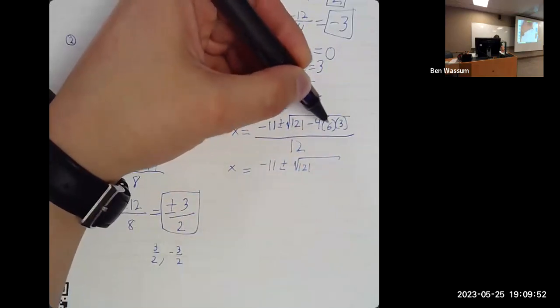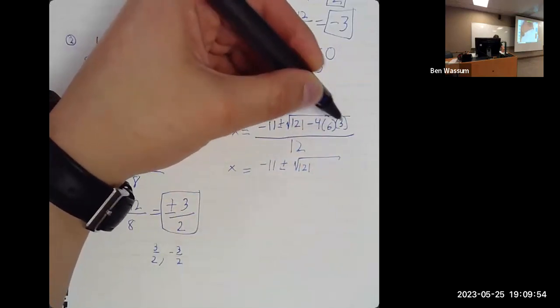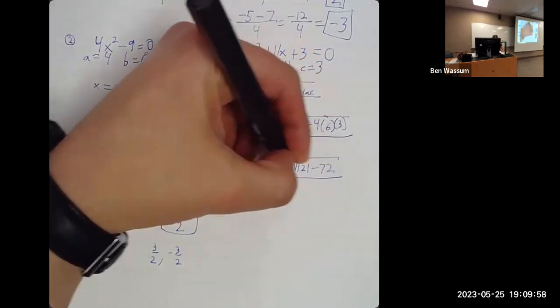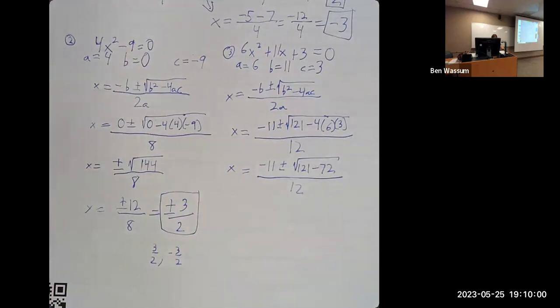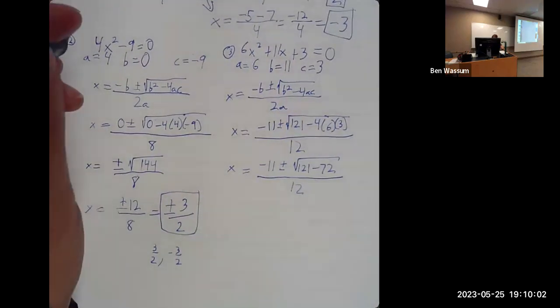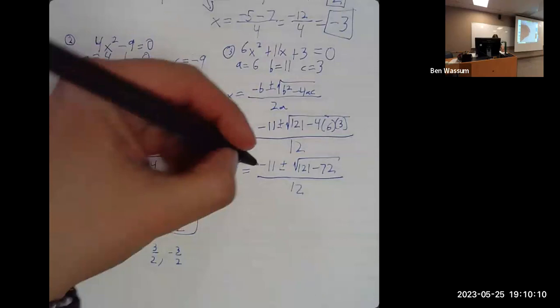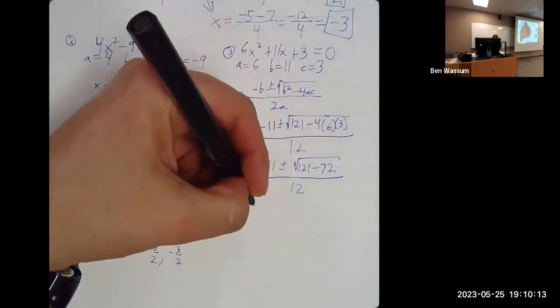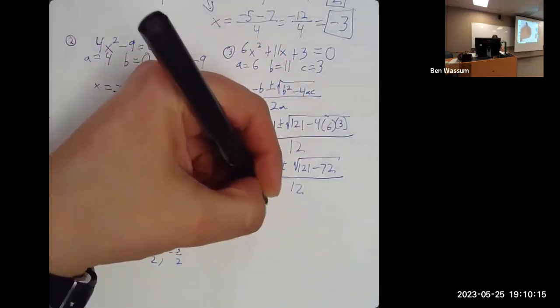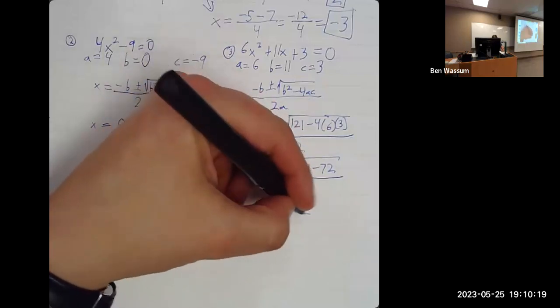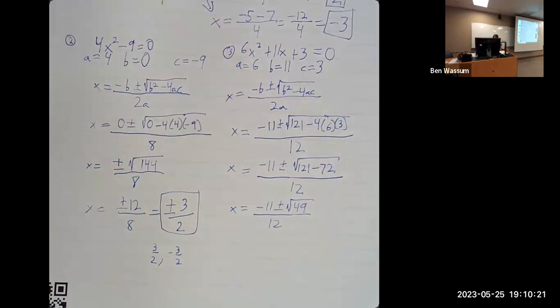So here we have 4 times 6, which is 24 times 3, so that should be a 72. If I do that subtraction, I get the square root of 49, which again is 7.